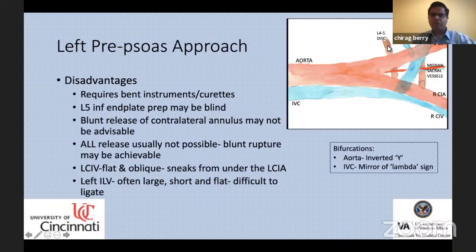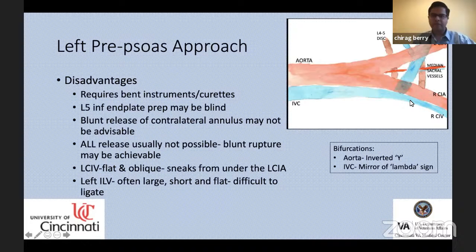With the normal OLIF or ATP approaches above L5, when you go from the lateral annulus, you have the ability to reach the contralateral annulus and create a blunt rupture or a sharp rupture to create more of a release of the discs. But when you're doing this left pre-psoas approach on the L5S1 disc, it's advisable not to pierce the contralateral annulus because you have laterally placed vessels here that could get injured.